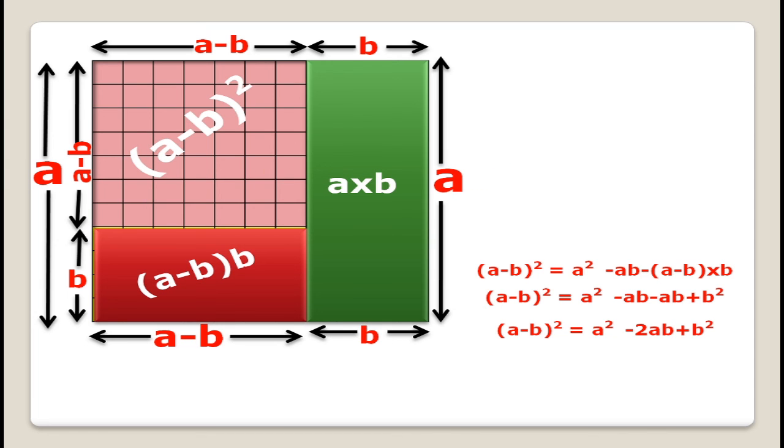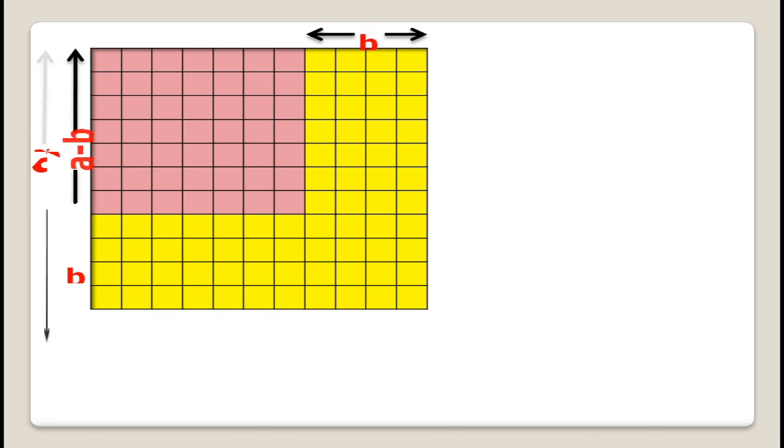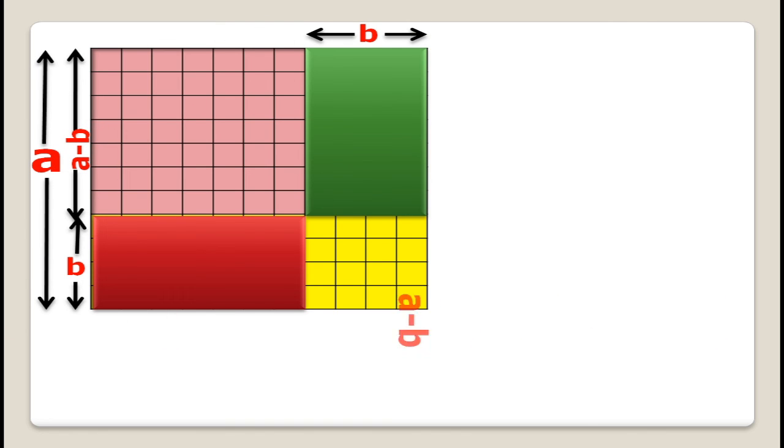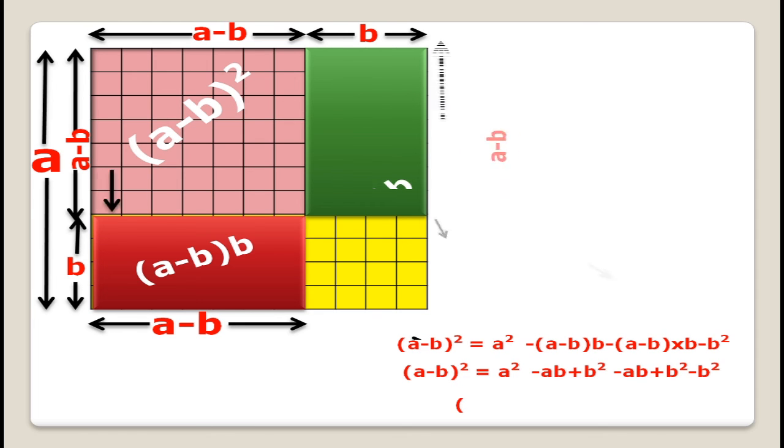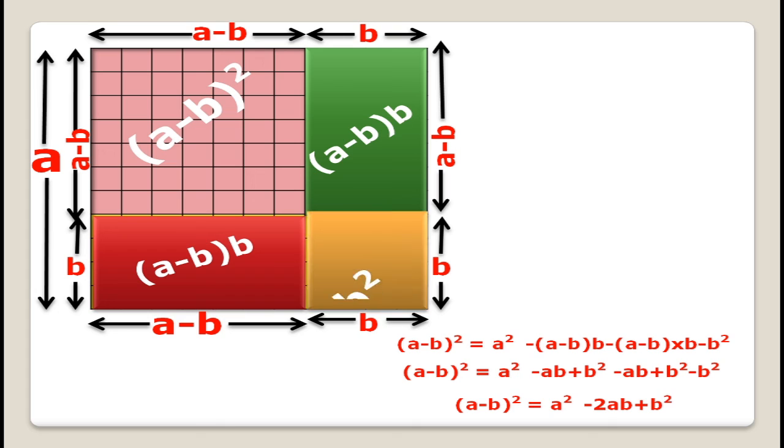In the third arrangement we get two rectangles of the same size, (a minus b) into b, and a square of side b, b square. In order to find (a minus b) whole square, we extract this yellow portion, that will be the square of a, minus twice of (a minus b) into b, minus b square, and this is our result, a perfect trinomial.